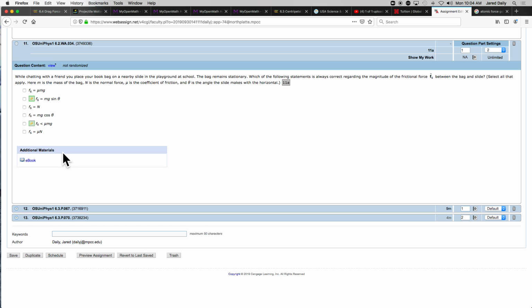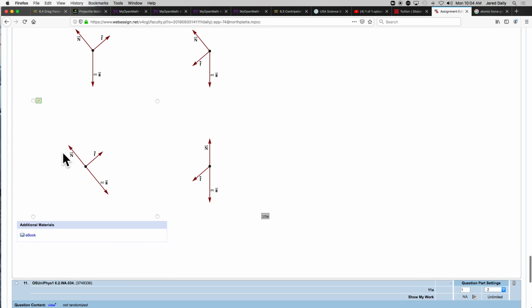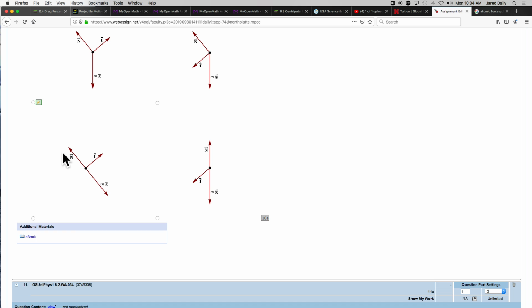Okay, so what you have to realize is that if you put it on the slide, it has some angle theta, right? The weight of the book here is equal to mg. Then you have the frictional force pushing this way. You have the weight in the parallel direction and the weight in the perpendicular direction.